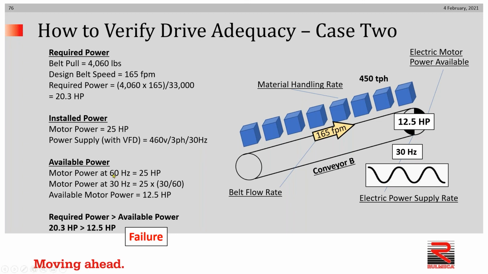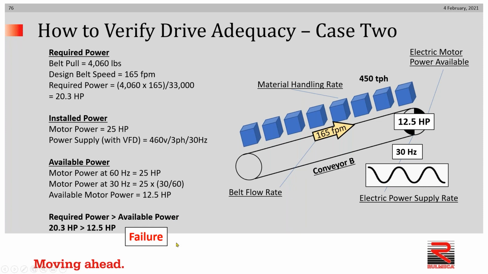Notice that motor power is no longer available at 25 horsepower. In fact, if we multiply 25 times 30 hertz and divide by 60 hertz, you can see that the available power is only 12.5 horsepower, and this would be a failure. The motor would be overloaded.